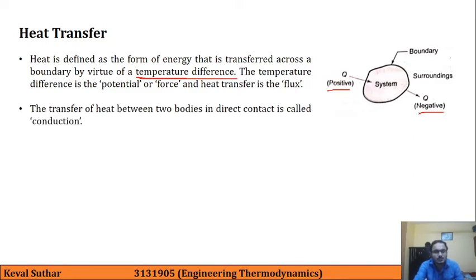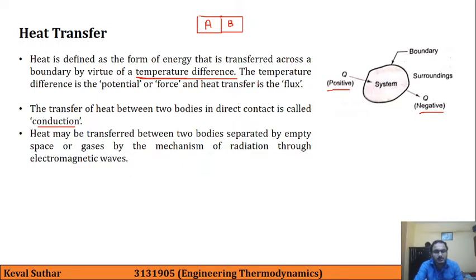The transfer of heat between two bodies in direct contact is called as conduction. So whenever two bodies A and B are in direct contact, it is called as conduction. So the transfer between these two bodies is called conduction.